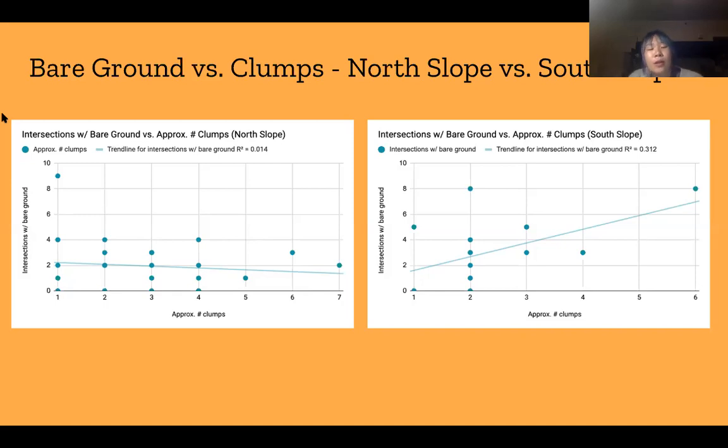It's pretty constant, and we suspect this is because on the south slope there is no light limitation because it is constantly lit by the sun. There is more competition for other resources, and thus there is a more significant correlation on the south side of the slope.